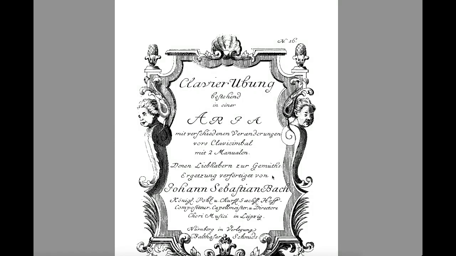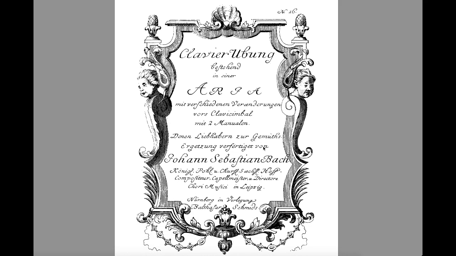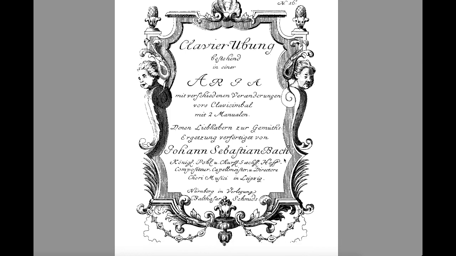Hello, and here we are with Bach's Klavierübung, the fourth part. You can see at the top of the title page here, Klavierübung. That means simply piano practice. And he says here, piano practice consisting of an aria with various modifications, I would say, for harpsichord with two manuals, prepared for connoisseurs, Johann Sebastian Bach.